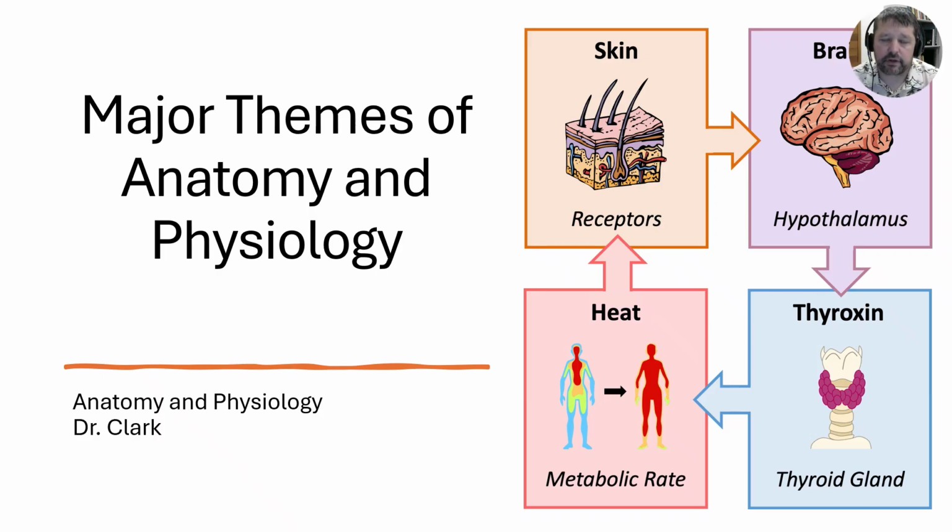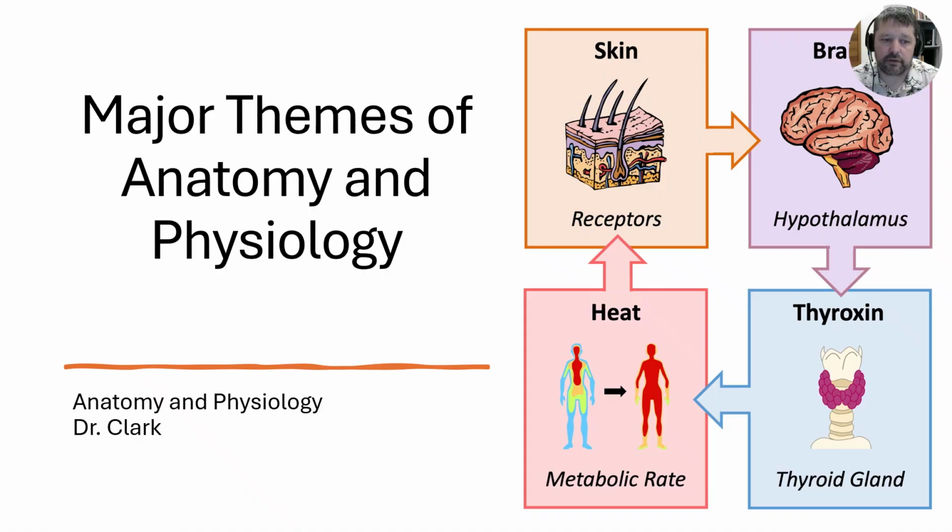Maybe we're talking about thermal regulation. Maybe we're talking about hormones. Maybe we're talking about the whole pathway of homeostasis and temperature regulation. So we might be talking about the receptors on the skin that entice sweating, the receptors that send signals to the hypothalamus, and then the hypothalamus sending a signal to the thyroid gland.